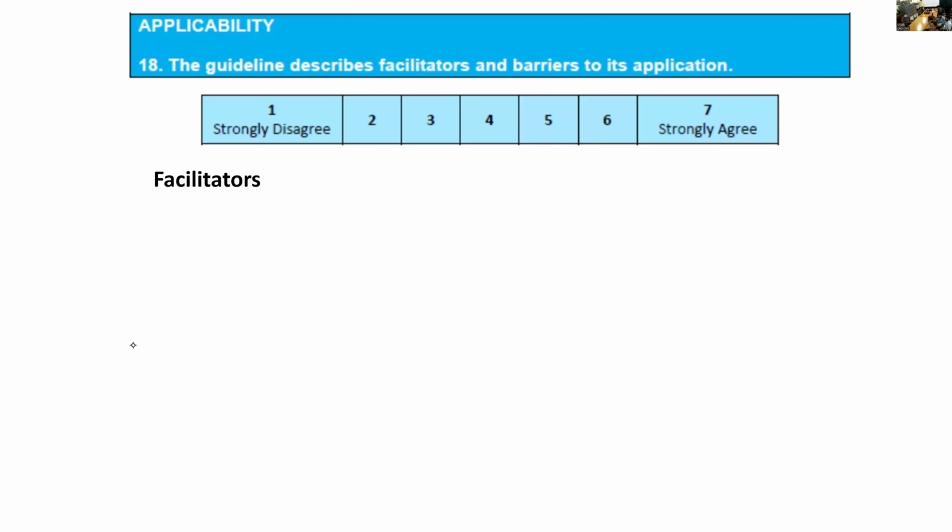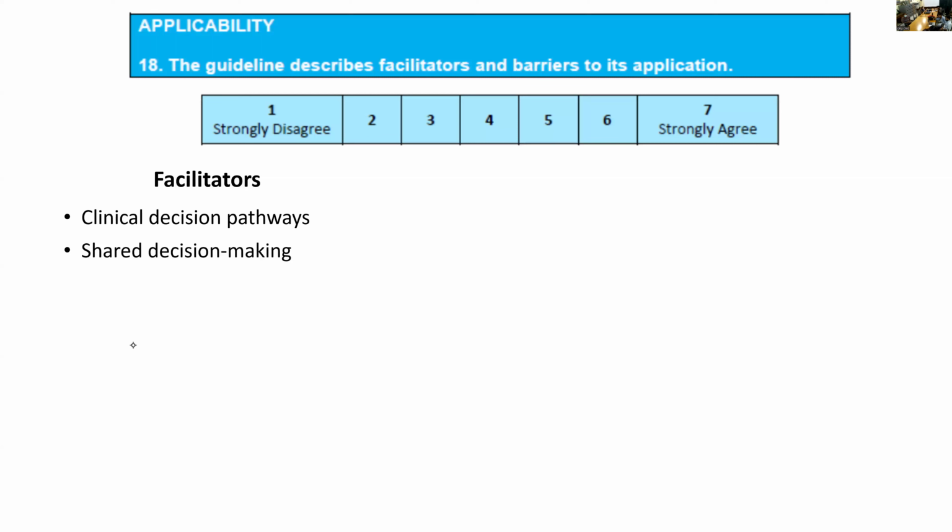For that, some of the facilitators that they have mentioned were clinical decision pathways. So it is good that the guidelines mention that you can modify them to suit your own geographical area. So that is the clinical decision pathways.